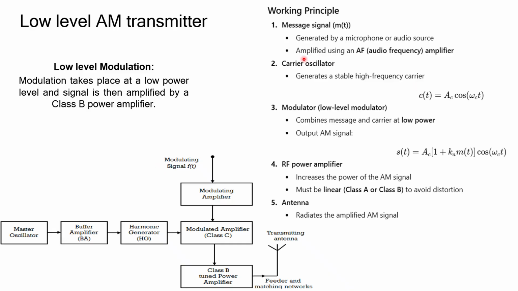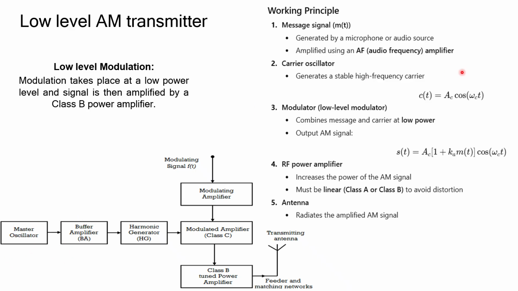How is it working? Its working principle is almost the same as amplitude modulation, except for the amplification, because this is just amplitude modulation plus one amplifier, nothing else. So the message signal is generated by a microphone or audio source, then amplified using an audio frequency amplifier, and a carrier oscillator is used to generate the signals, right?